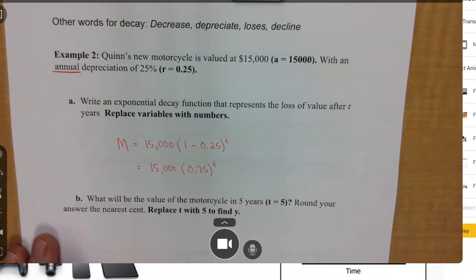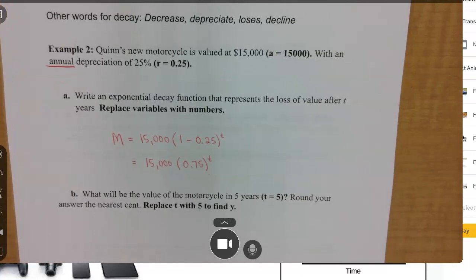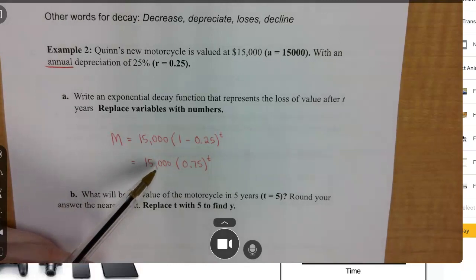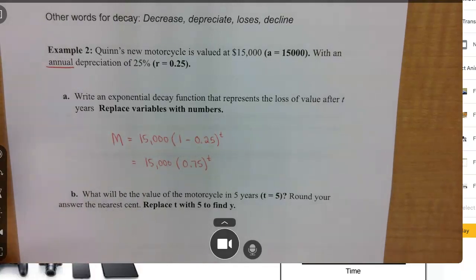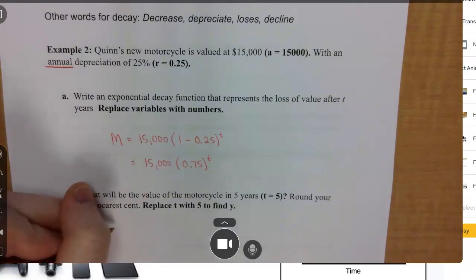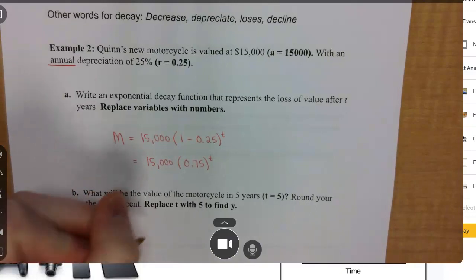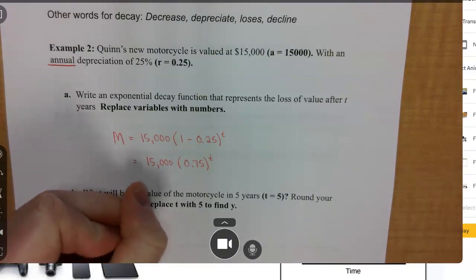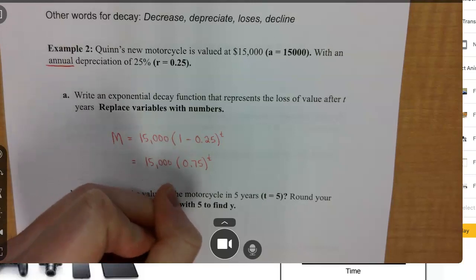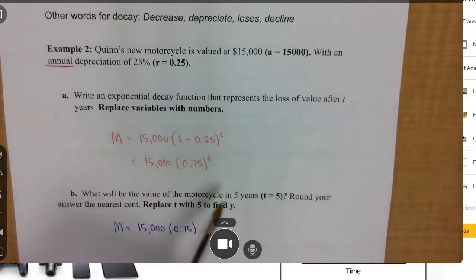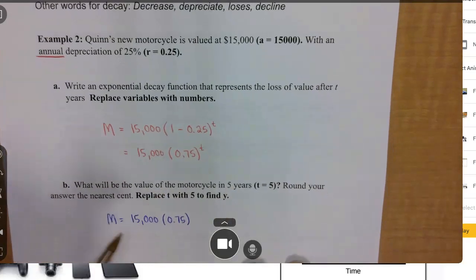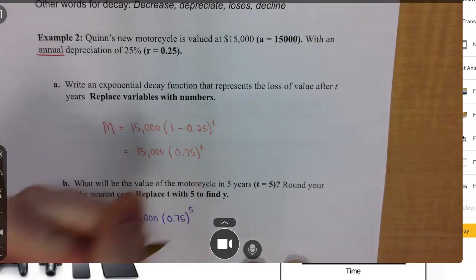Well, down here, let's figure out how much this motorcycle is worth 5 years from now. We already know it's going to be a number smaller than 15,000 because it's going down in value. So the value of the motorcycle is equal to 15,000 times 0.75, and because it's after 5 years, I'm making the exponent 5.